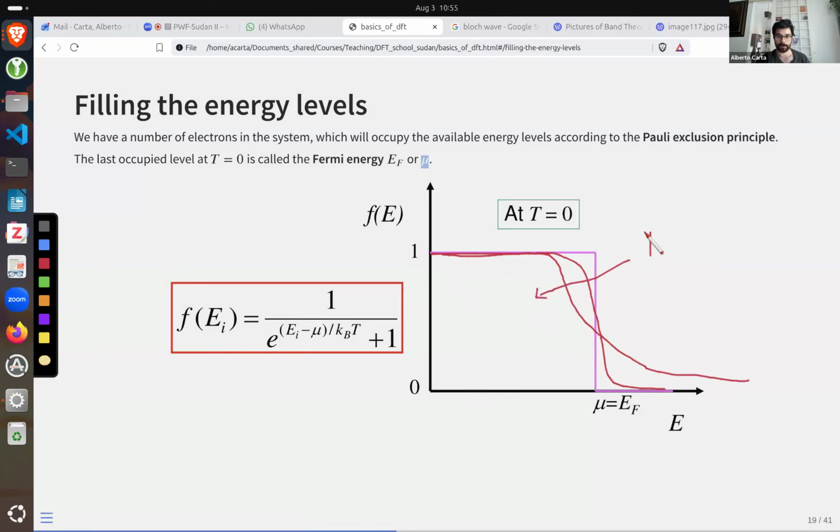As we increase temperature, we will start to deplete the states at lower energy and start to replenish the states at higher energy.